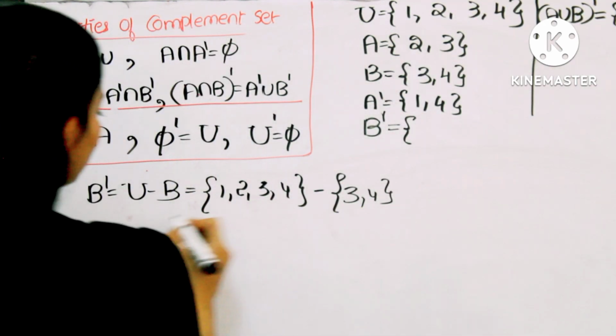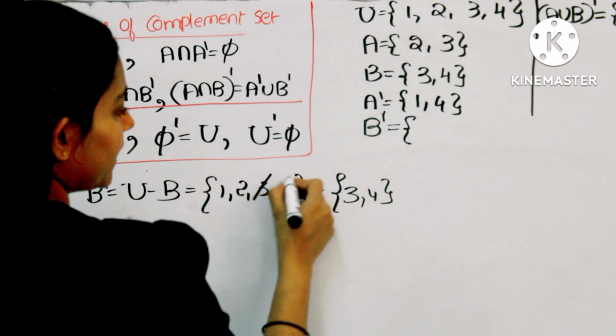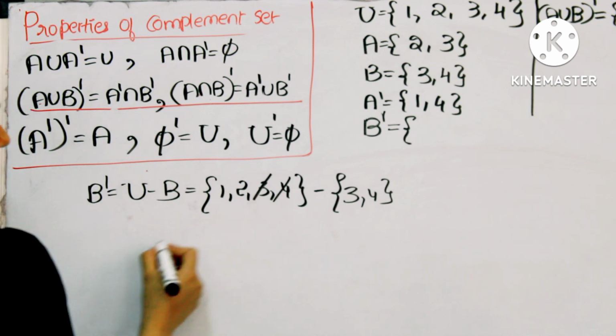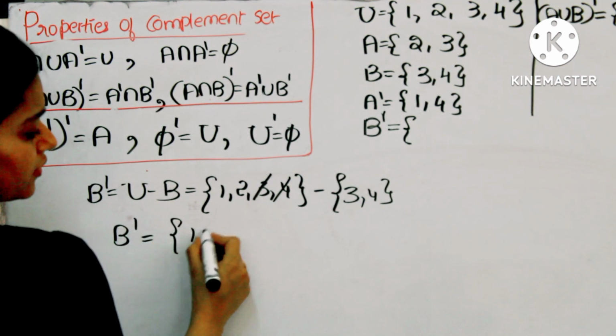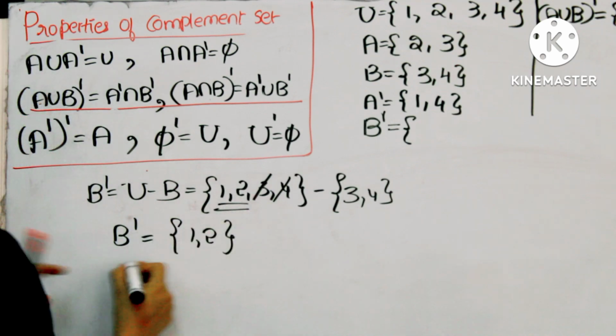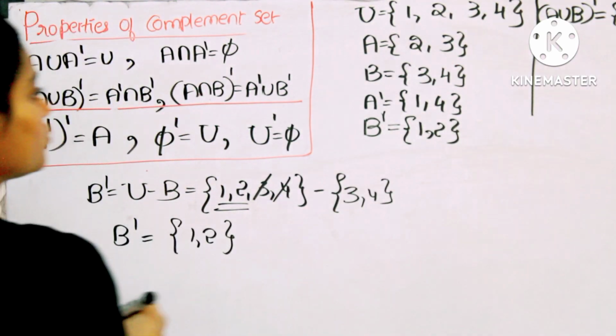If you remove 3, 4 from this, what is remaining in U? B complement is 1, 2, because 1, 2 is remaining.